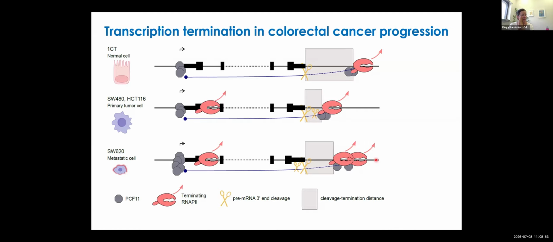So why this happens, we really don't know, which is the honest and biggest answer. One of the hypotheses we have is that if those two processes occur close to each other, the cleavage would be more efficient, and for this reason gene expression would go up. But so far we don't have experimental evidence that would really prove this.